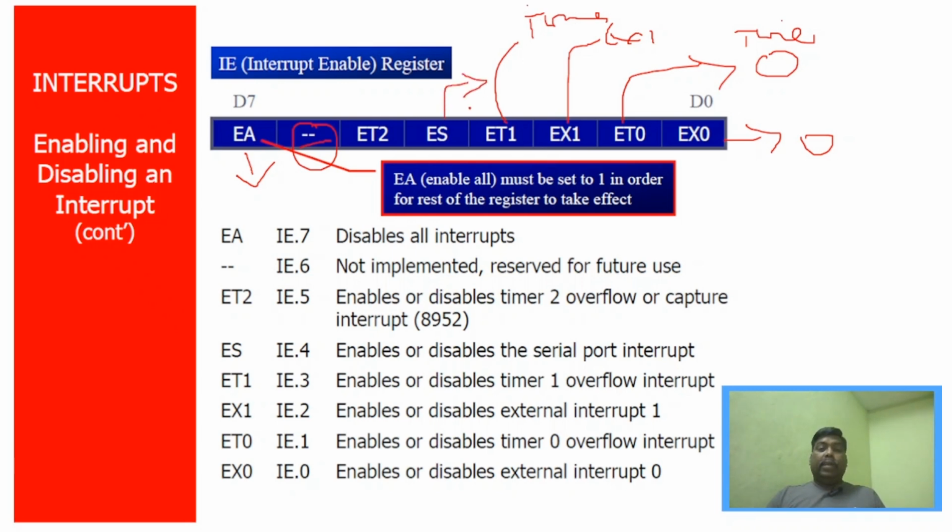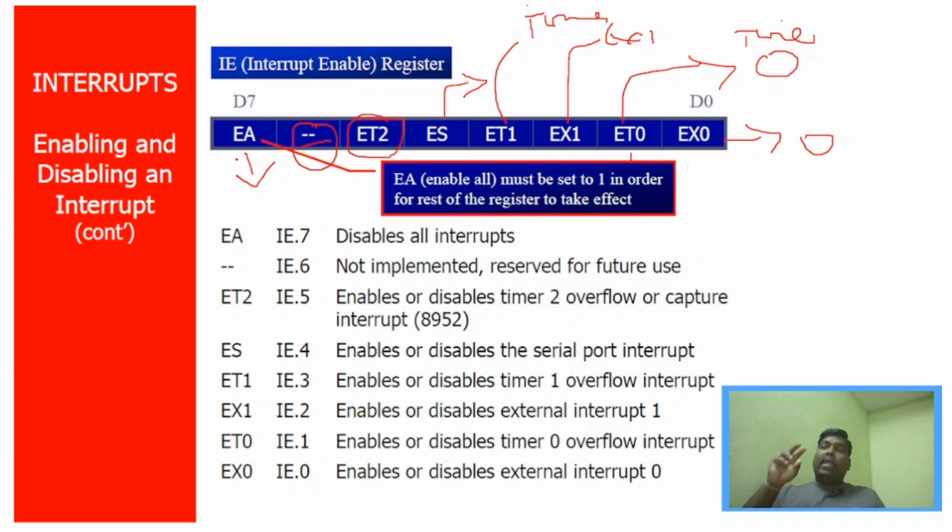And ET2, we will not use in 8051; it is used for the 8052, so we will leave it for now. So you have only these 5 interrupts, and consider only this EA. Whenever any particular interrupt is enabled, the corresponding bit will become 1. If not, it will be 0. And also there is something called the EA bit.